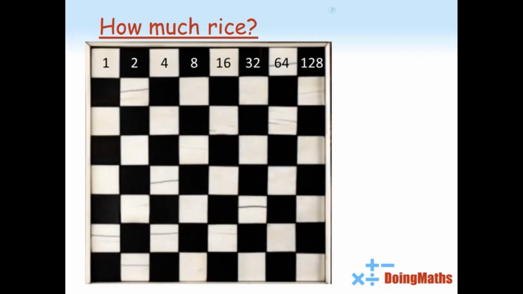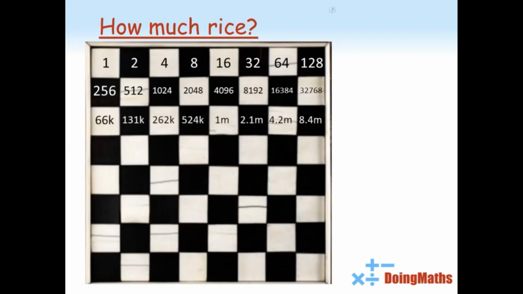This wasn't a big reward. So he started onto the second row. 256 grains on the first square, then 512, and the numbers just kept getting bigger and bigger and bigger, until by the end of the second row, the king needed 32,768 grains. He was starting to get a bit worried by now, but he kept on going.